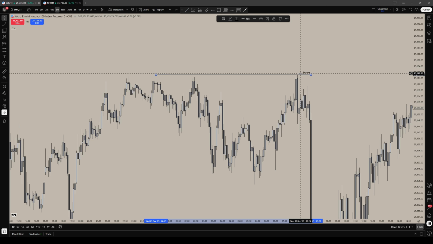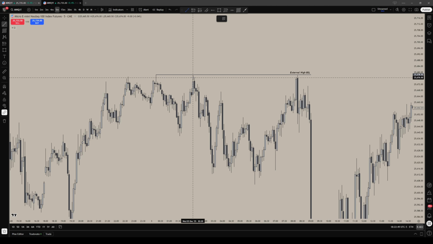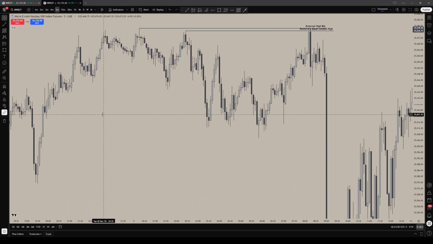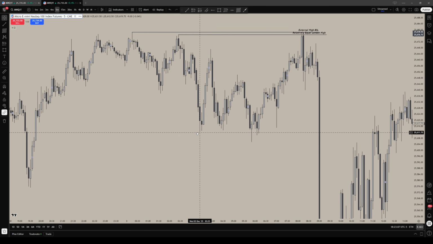let's say external high buy side liquidity, and then we have a relatively equal London high, and we also, when we went down here, we took out some internal liquidity, right?